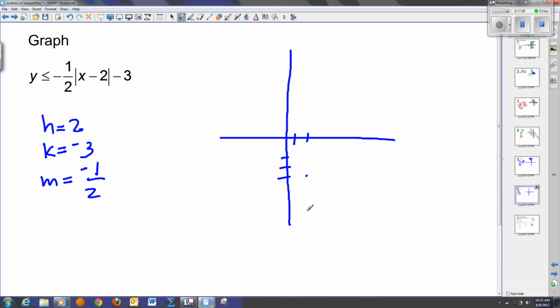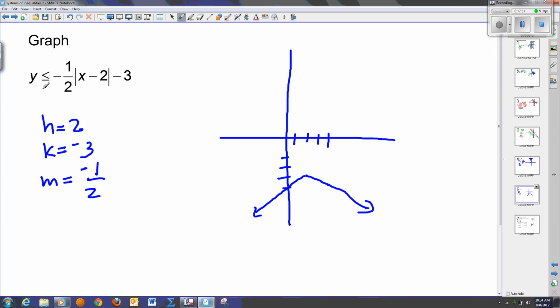There's my translated origin, and from there I go down 1 and over 2, which puts me roughly here. And I do that both to the left and right of that translated point. So here's my absolute value graph.